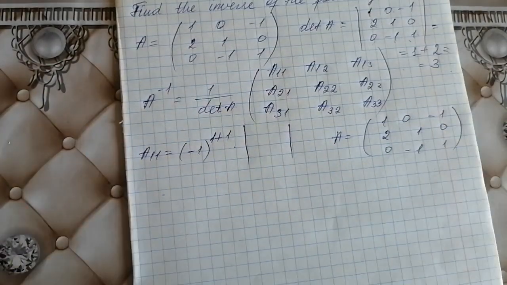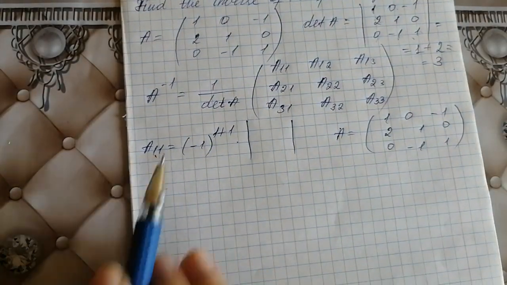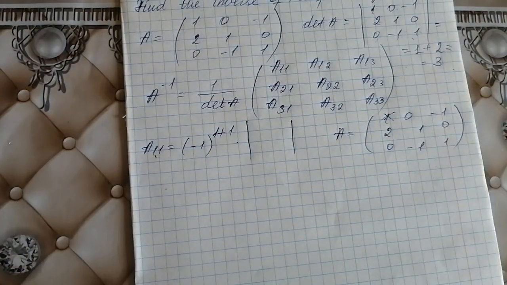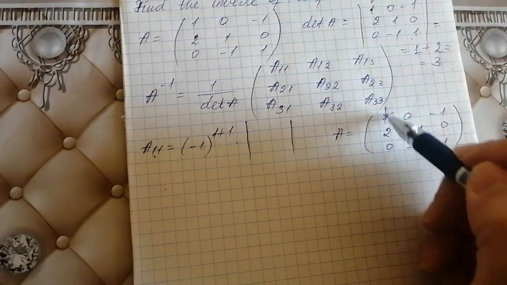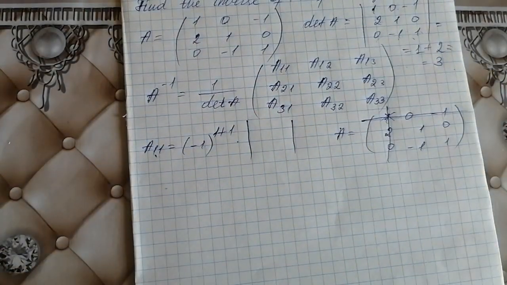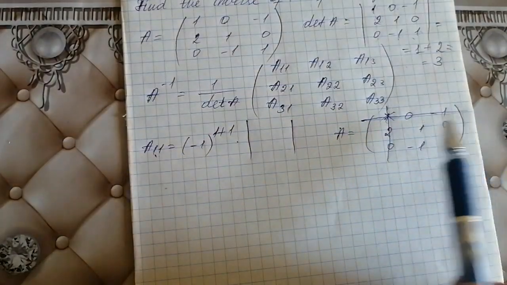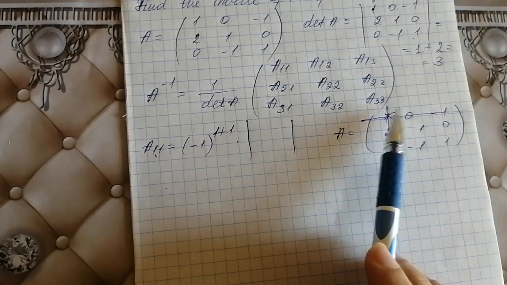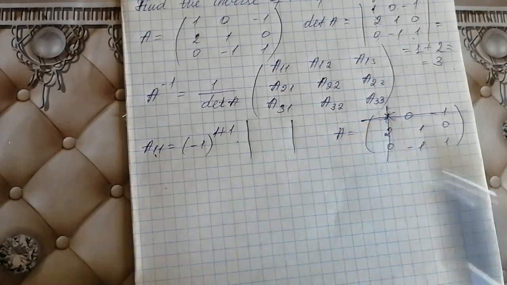Then first choose the first row and first column, and cancel that element. Draw two straight lines which intersect at this point, first row and first column.